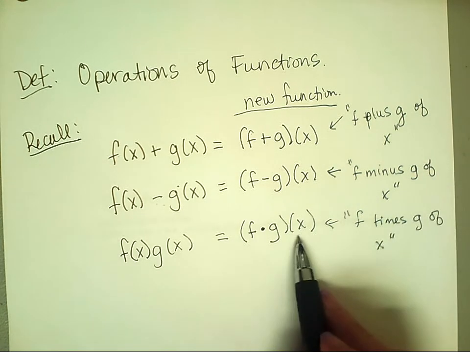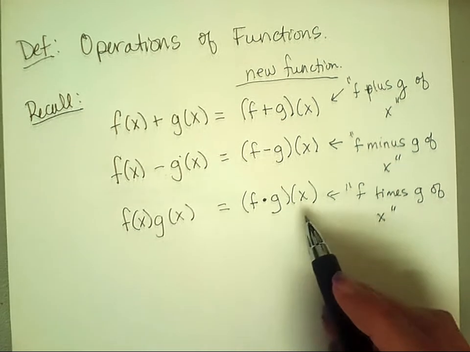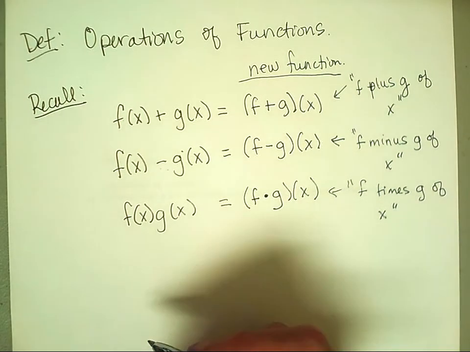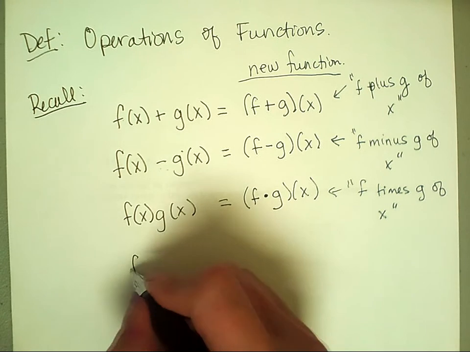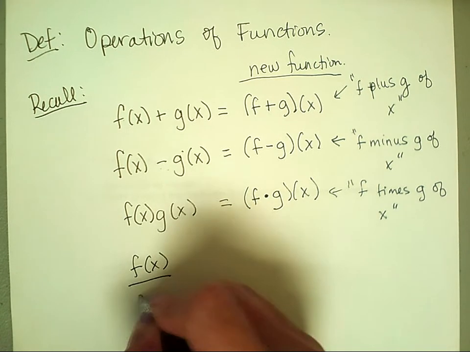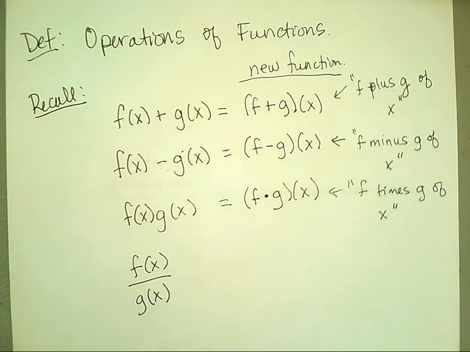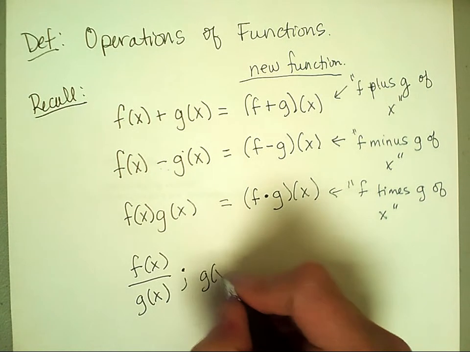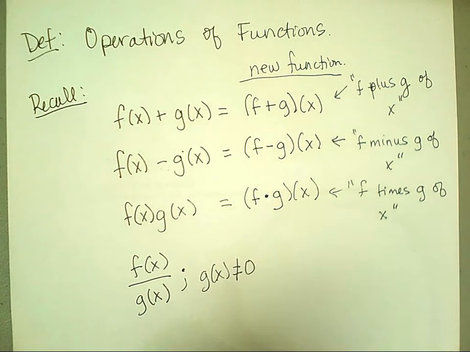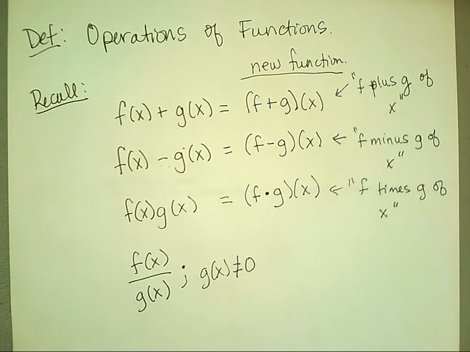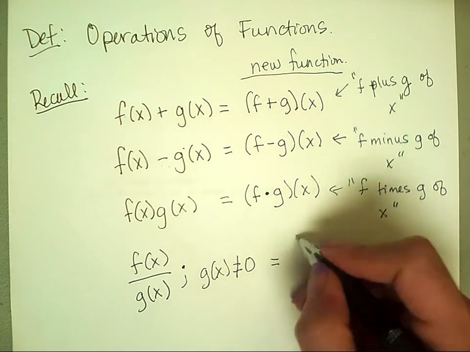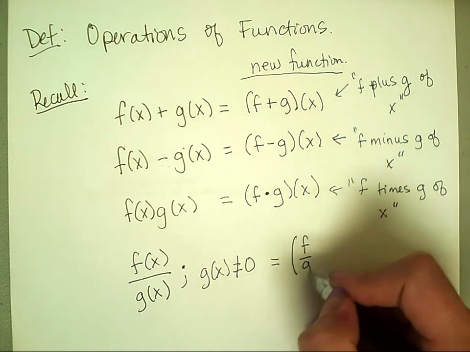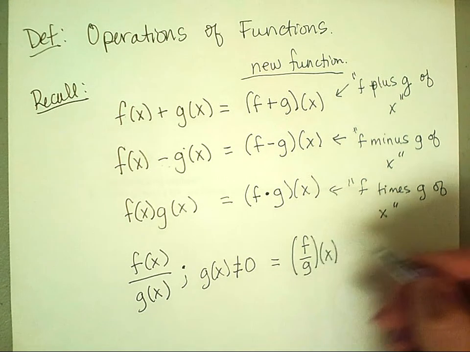Again, not multiplying by x, it's of x. Now we could also take two functions and divide them. If we do that, we have to remember that the denominator can never equal 0. And the new notation for that is f divided by g of x.